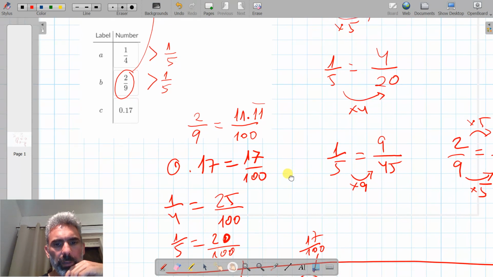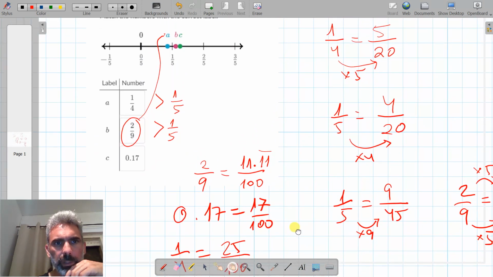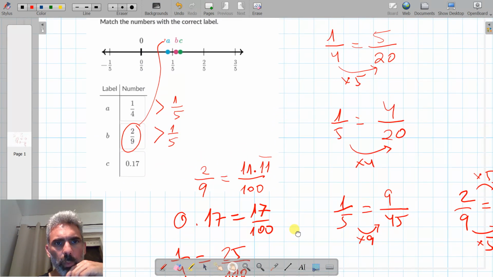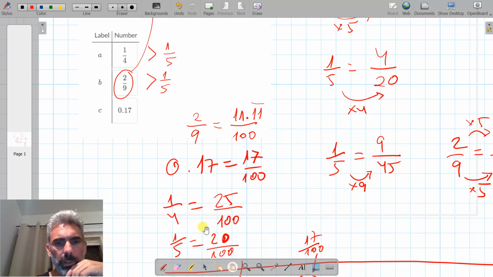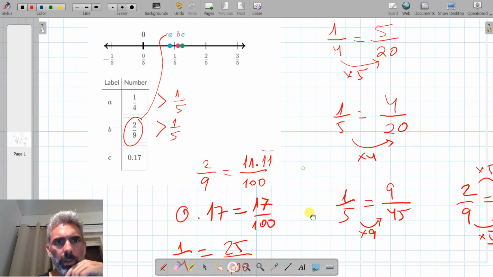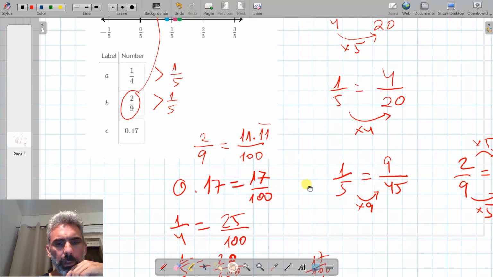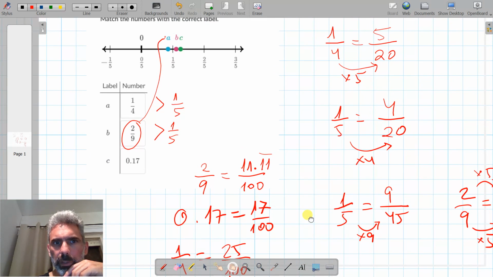So A is 11.11 hundredths. 1/5 is 20 hundredths. 1/4 is 25 hundredths.